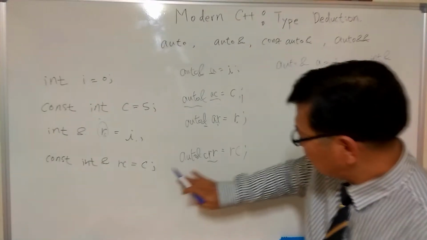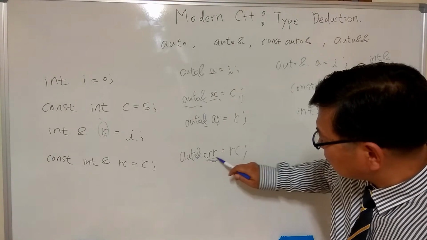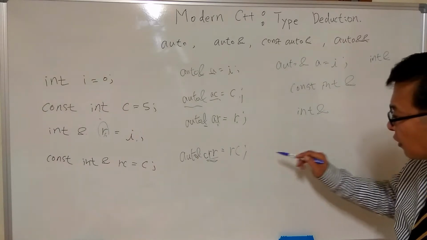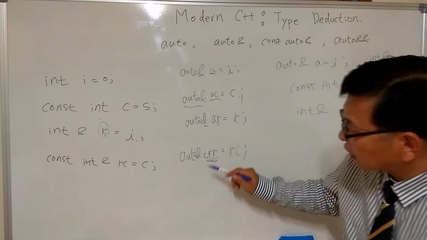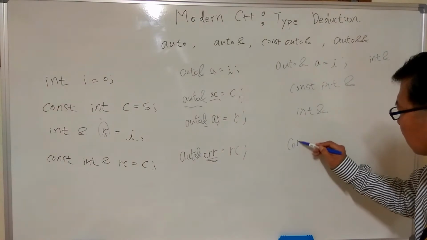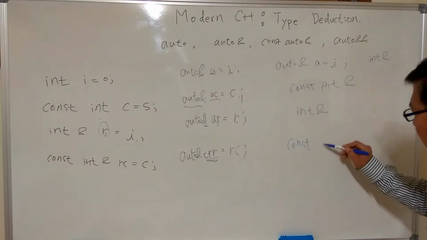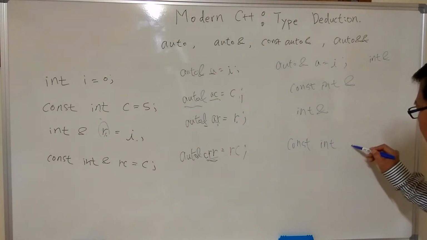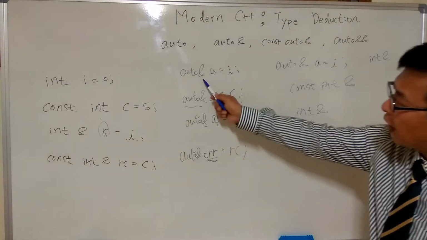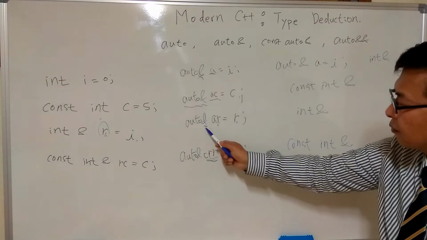Now, in this case, what will be CRR's type? Again, it is declared constant int reference, so it will be constant int reference.